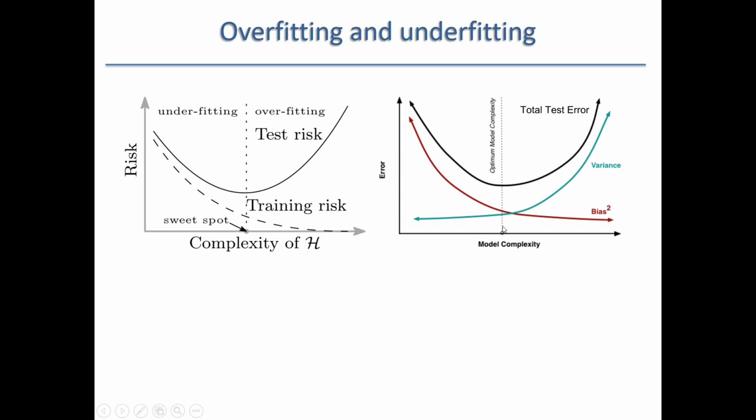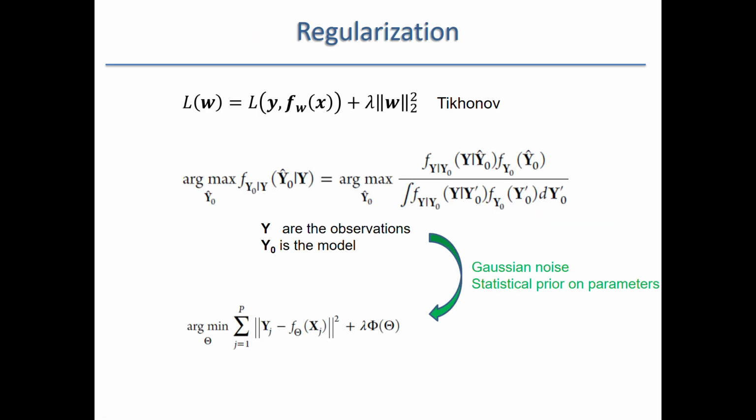That is the region of optimal fitting. And the same can be argued in terms of risk. If you look at this relationship between risk and complexity, and overfitting and underfitting, there is some reasoning in terms of risk.